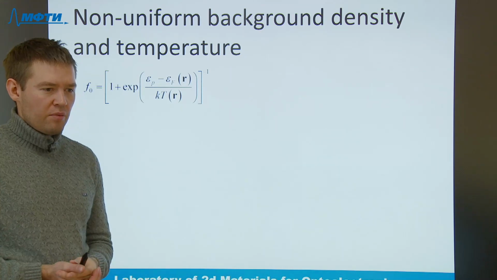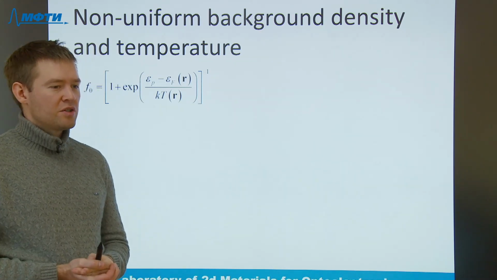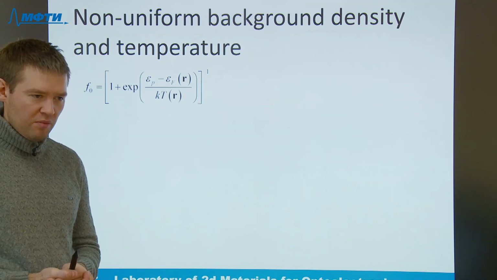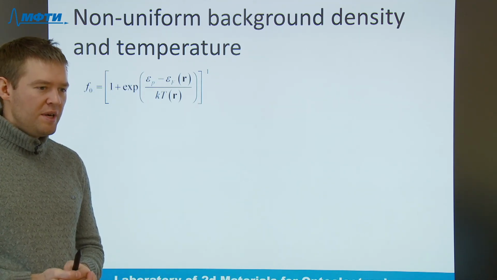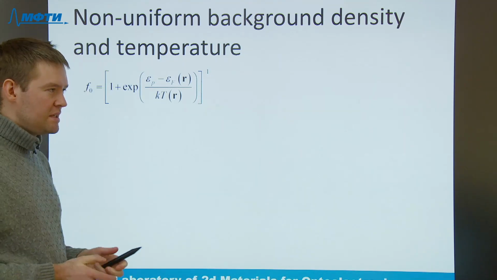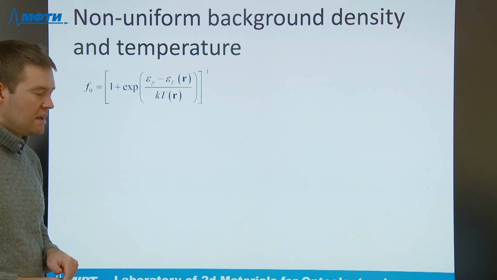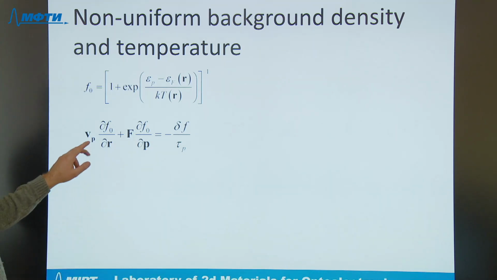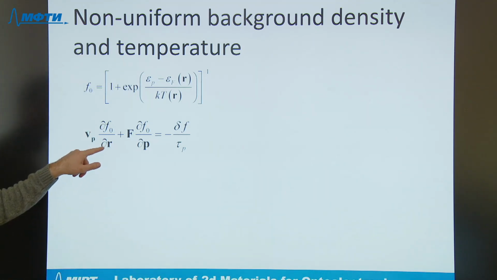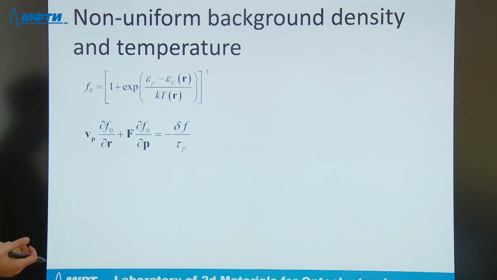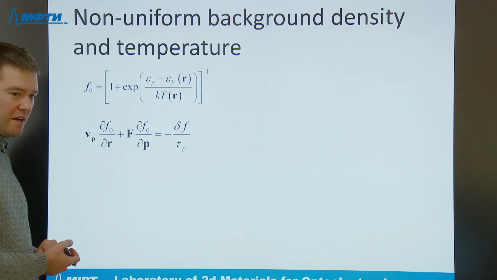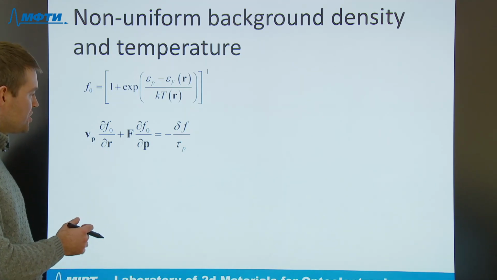Now, if the equilibrium part of the distribution function is modified, the kinetic equation should also be modified. We should retain the coordinate-dependent terms in this equation, and we should retain the terms with the space derivatives of the distribution function in the left-hand side of the kinetic equation.